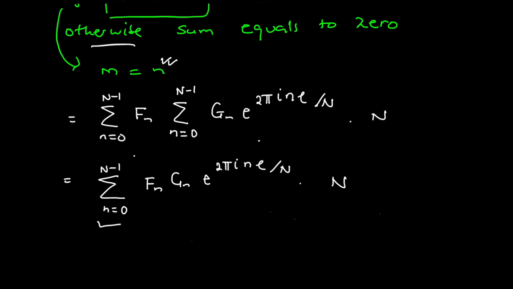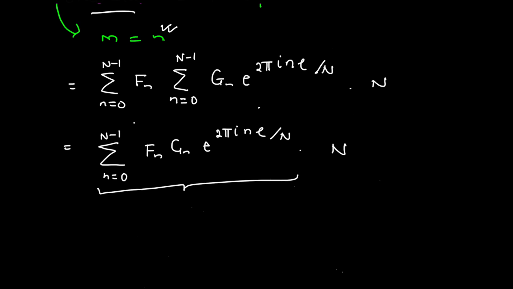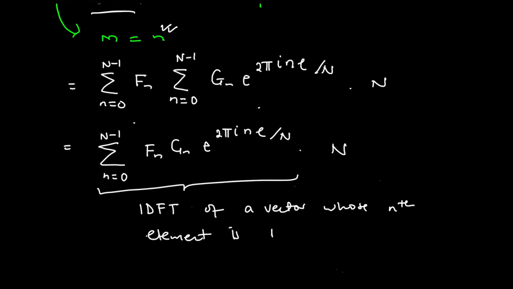This sum corresponds to the inverse discrete Fourier transform of a vector whose nth element is F_n G_n.